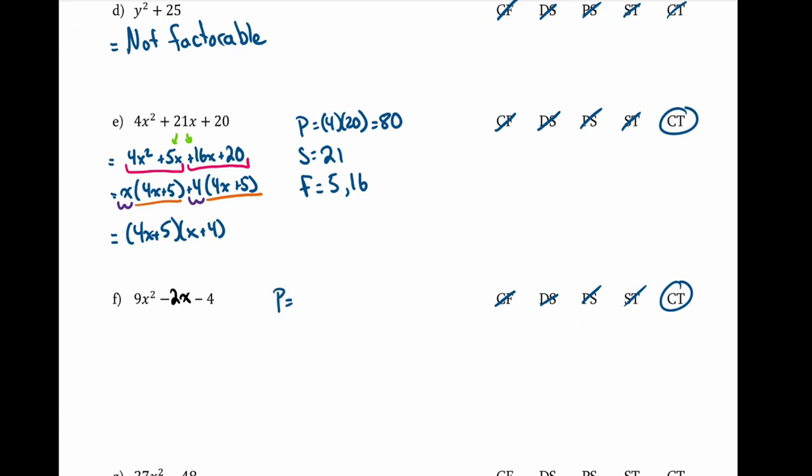So the product is going to be 9 times negative 4, which is negative 36, and the sum has to be negative 2. So we're looking for two factors. In this case, we can play around.